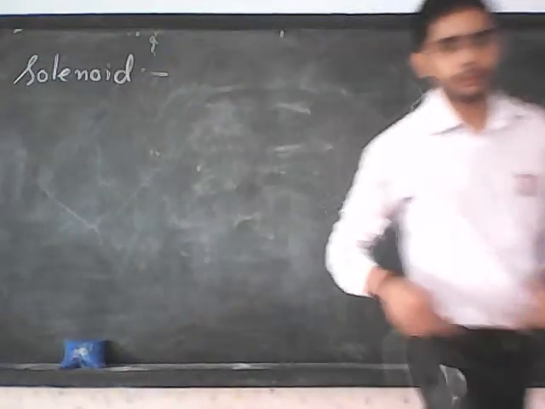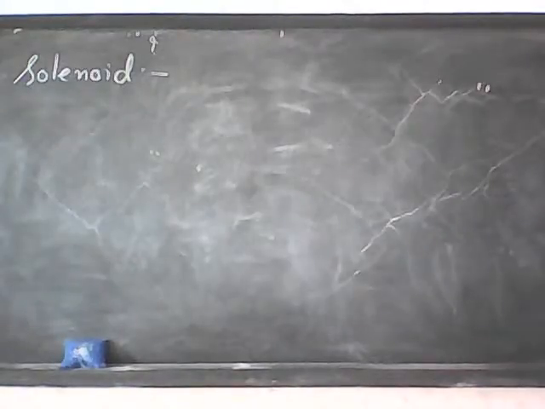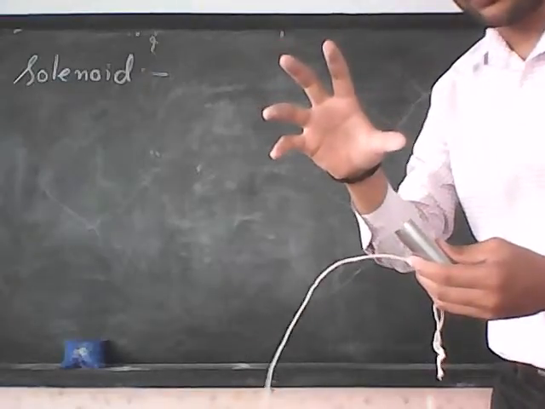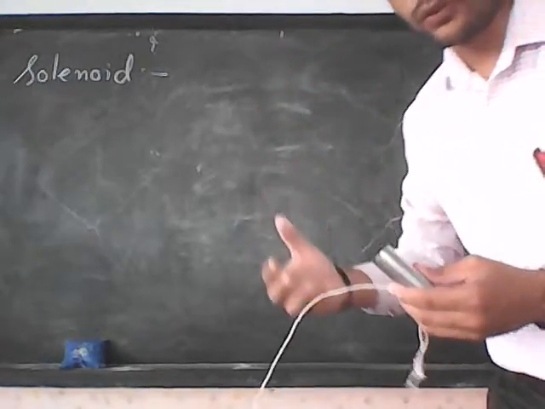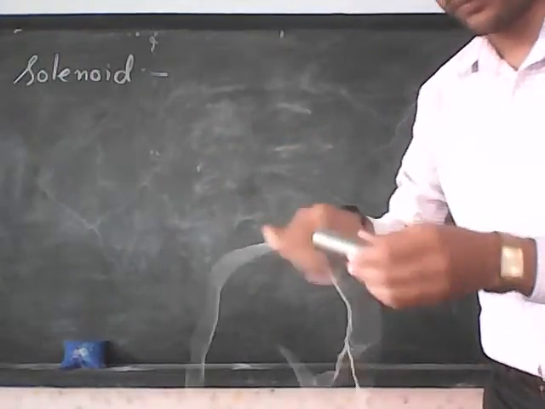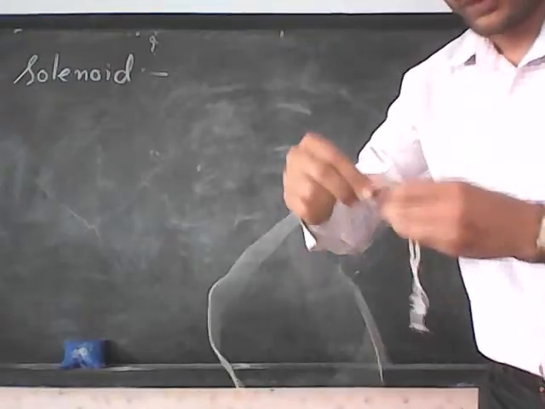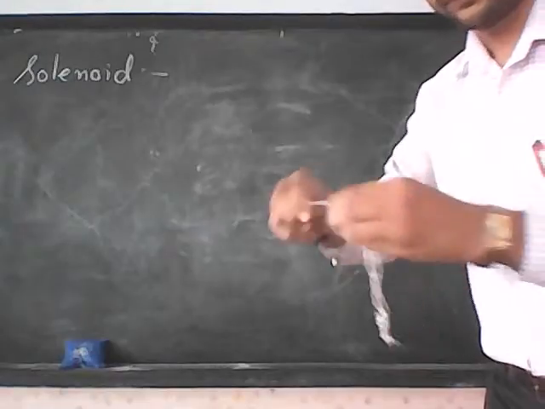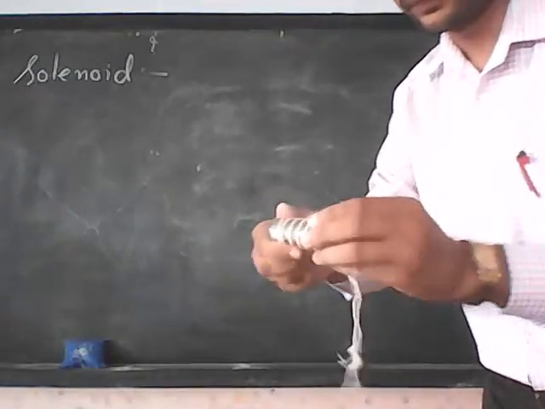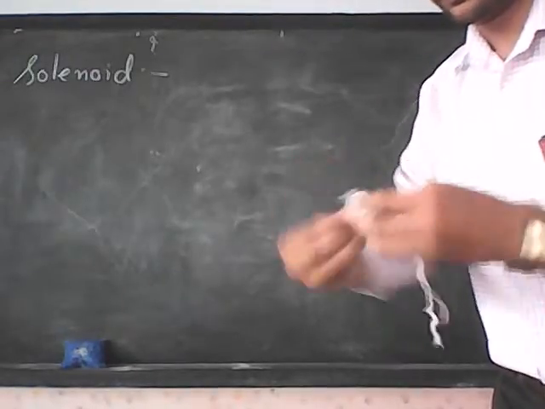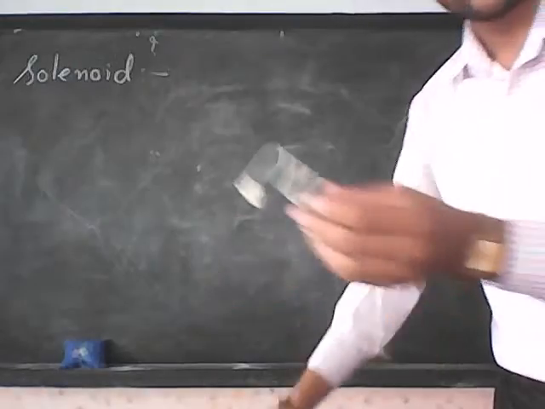Okay. If you do not know, no issue at all. See, when you observe the circular loop, and when you have multiple loops, suppose this is a wire and we are simply taking it to form the loop. So this is the thing.